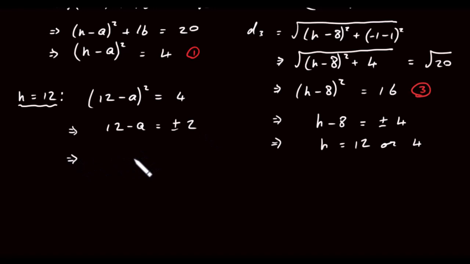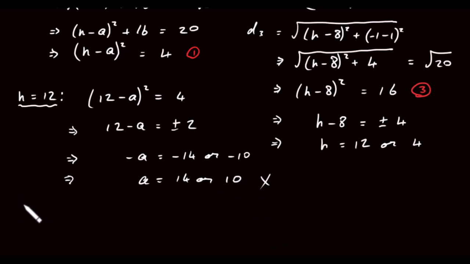That gives me −a is equal to −2 − 12 which is −14, or +2 − 12 which is −10. So this is not going to work because our a values here are a is equal to 14 or 10. A can't be 14 or 10.